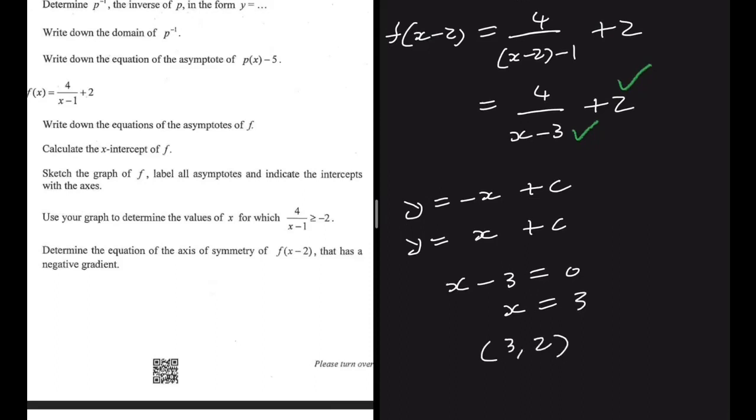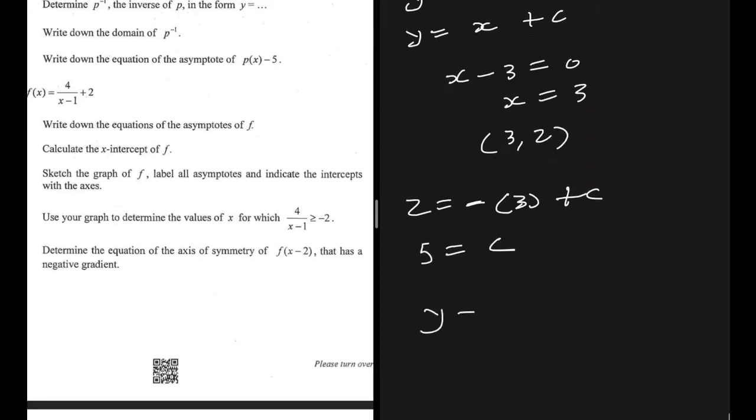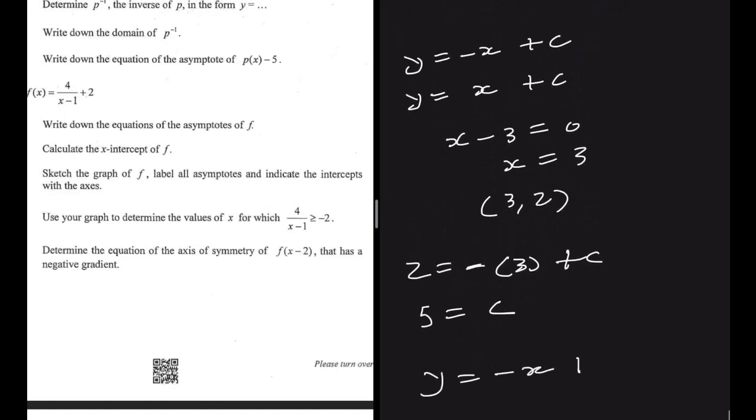Now we substitute that into our equation for the axis of symmetry with the negative gradient. y is 2, and then −x is 3, plus c. If we take −3 to the other side, we have 5 = c. Now we have y = −x + 5 as the equation of our axis of symmetry of f(x − 2).